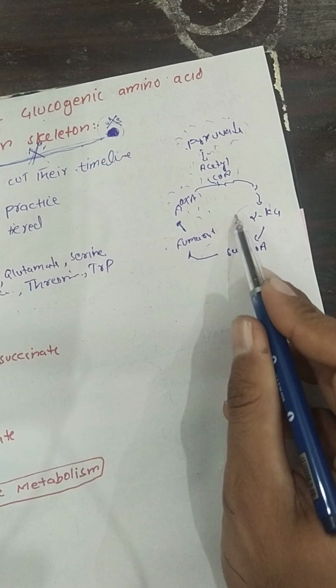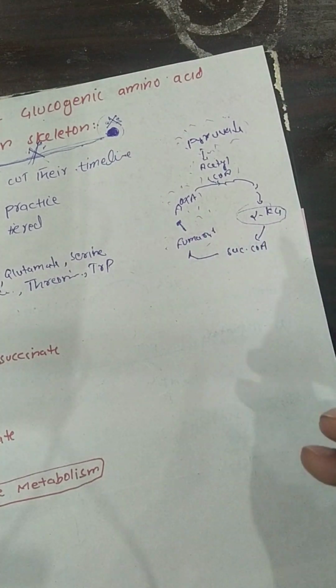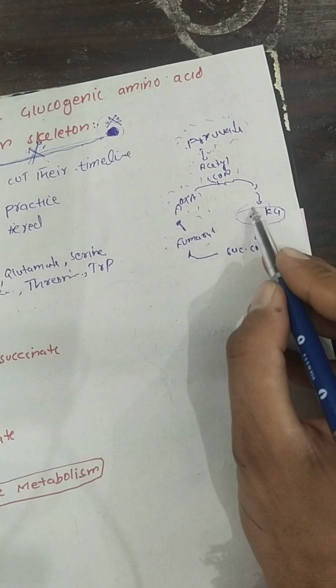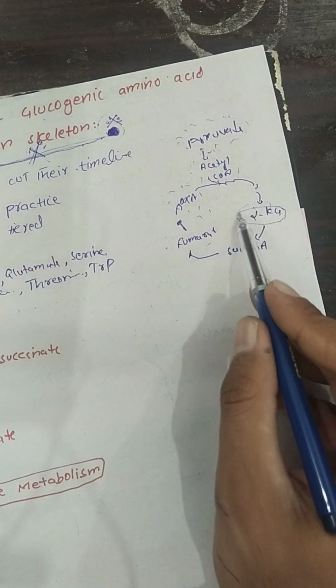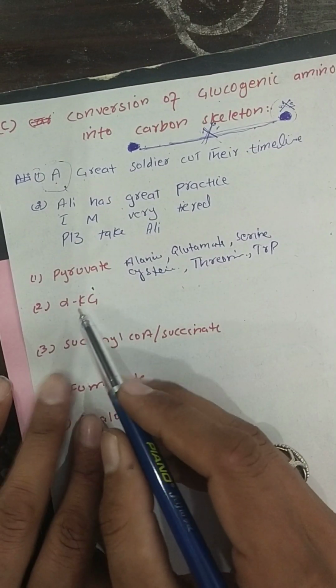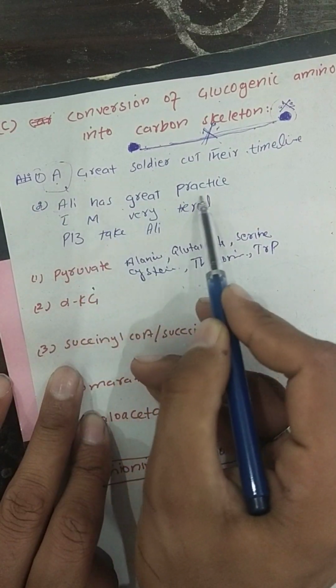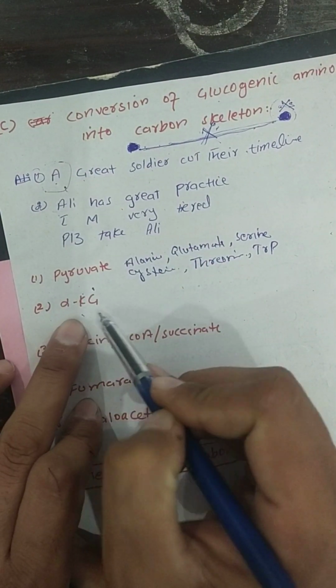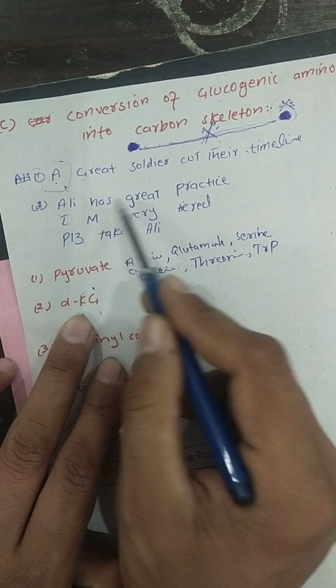I always say that KG is king. Why? Because everything starts from the KG. If you want to know which amino acids produce KG, this line gives you the amino acids for the KG. KG is produced by Ali has great practice.